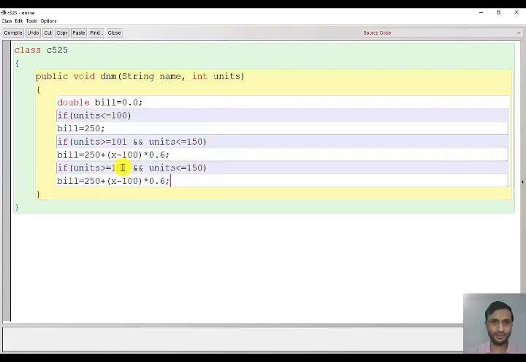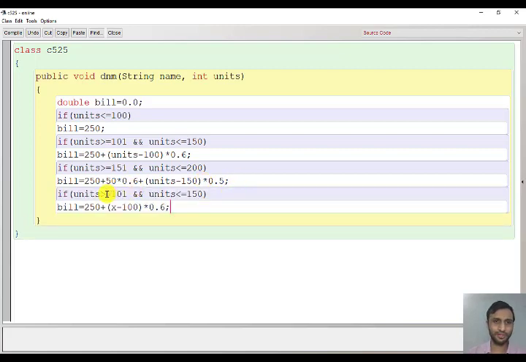Similarly, for the next 50 units, that is from 150 to 200, the first 100 is 250, the next 50 is 0.6, and whatever is more, here x means units. We have taken the variable units minus 150. Why 150? Because we have already given to the first 150 units, it will be 0.5.